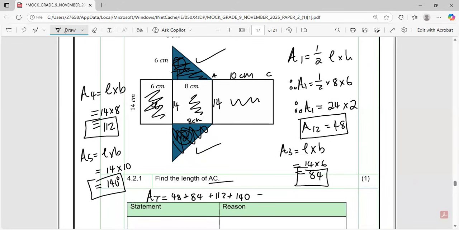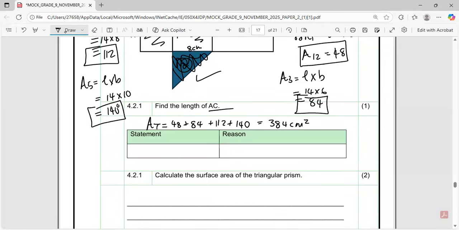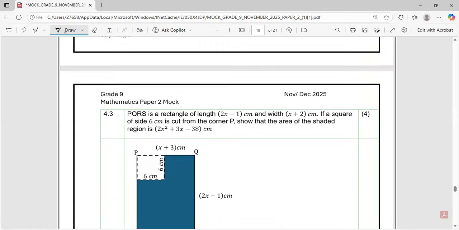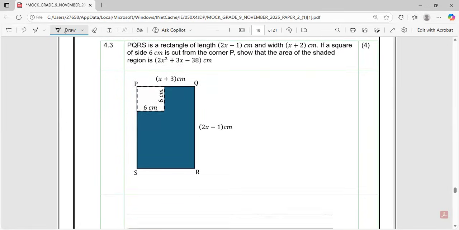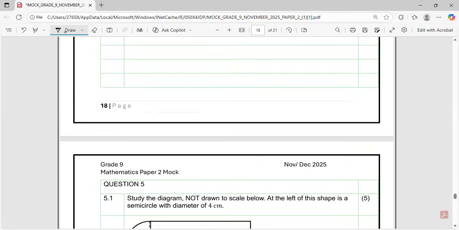How much is that? 384 centimeters squared. Remember now, if it's an area, the unit needs to be squared, right?